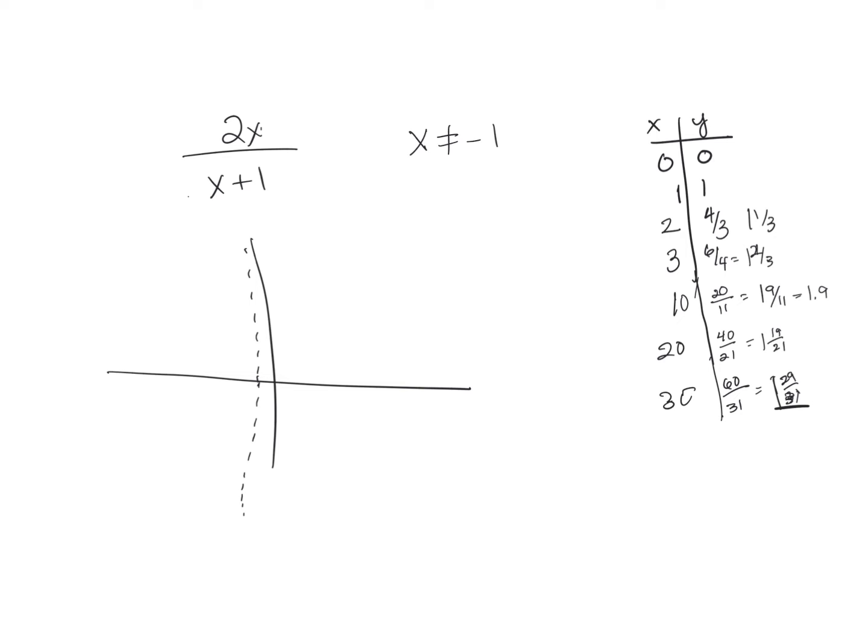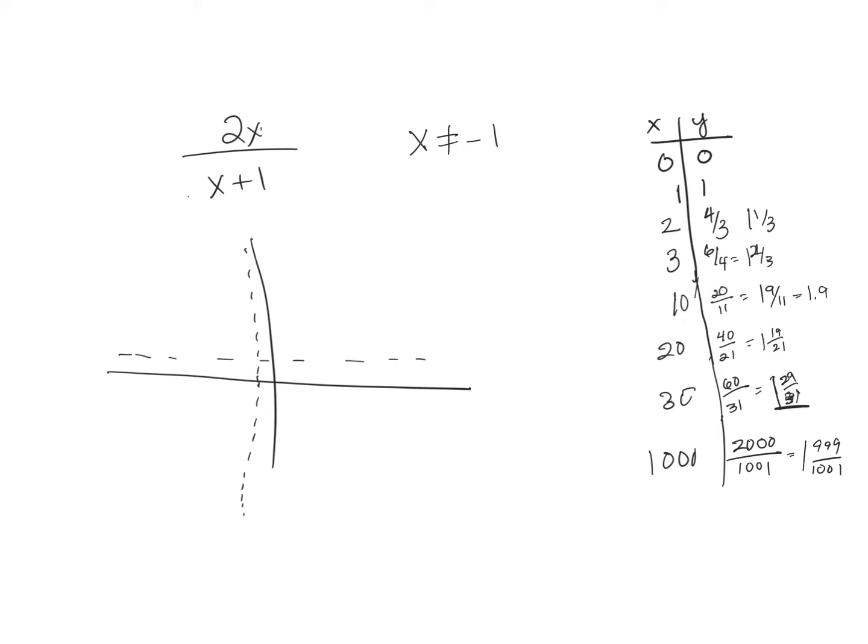If I put 1,000 in here, for example, I'd have 2,000 divided by 1,001. That goes in one time with 999 over 1,001 left over. Very close to 2.